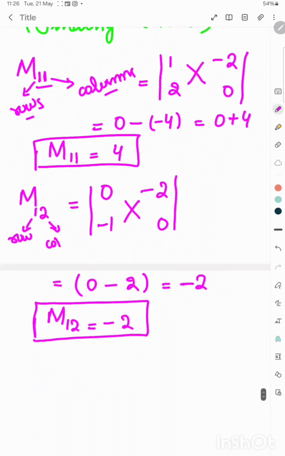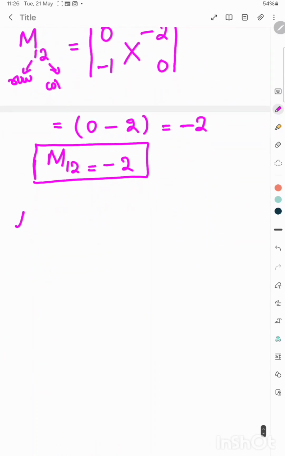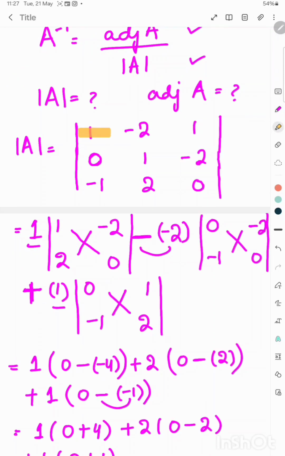Now I will go for M13. What does 1 3 mean? Now I have to eliminate the first row and third column. Here the first row is this one and the third column is this one, and what remains is 0, 1, minus 1, 2.